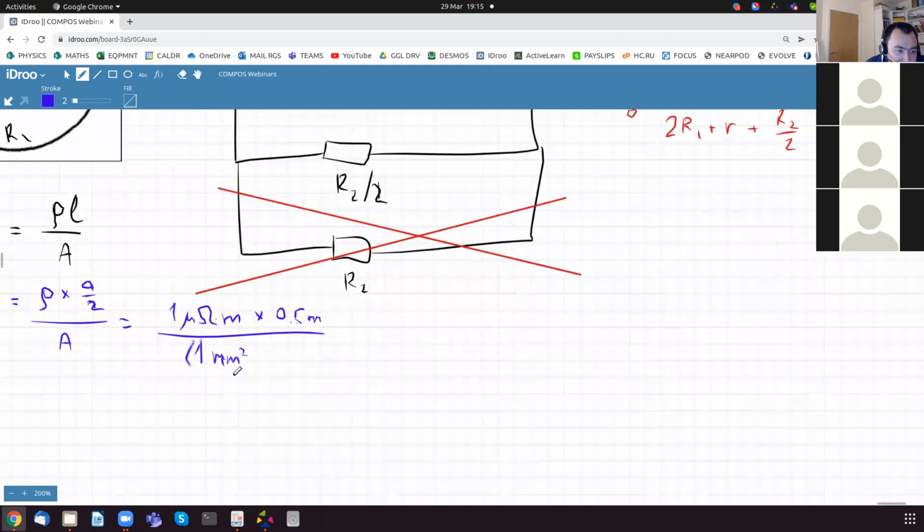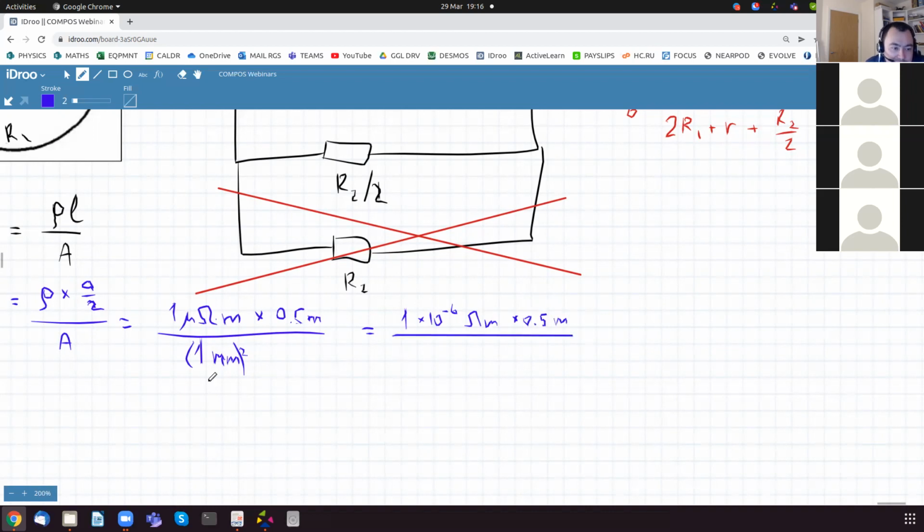So it's 1 times 10 to the minus 6 ohm meters times 0.5 meters divided by 1 times 10 to the minus 6 meters squared.